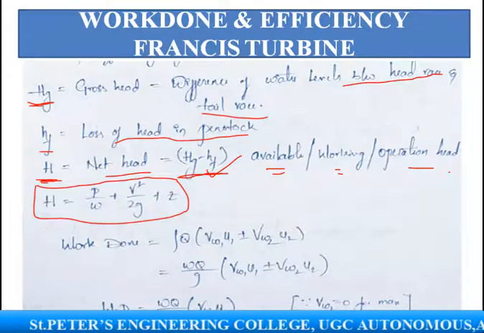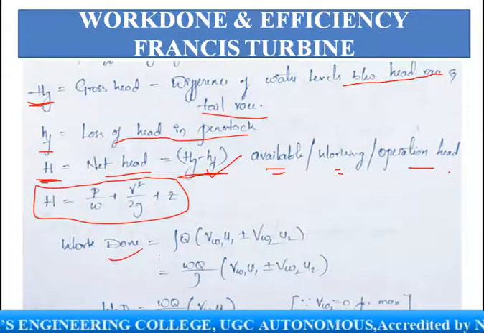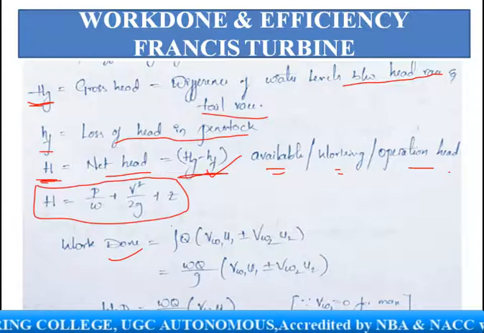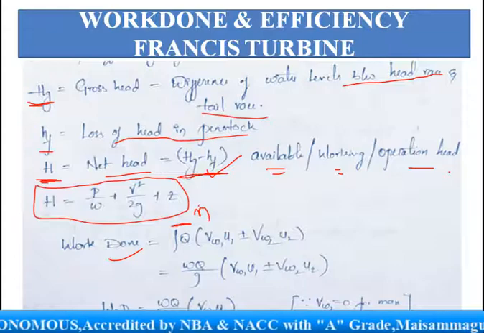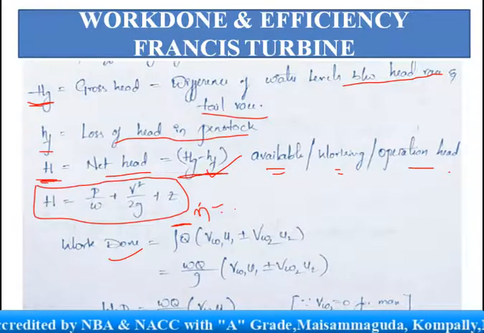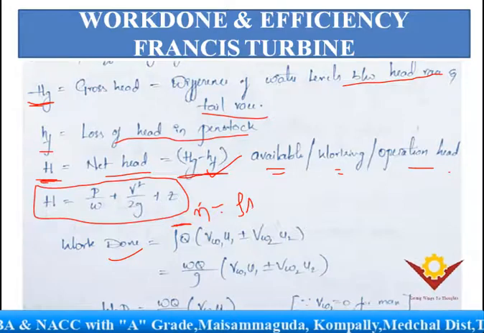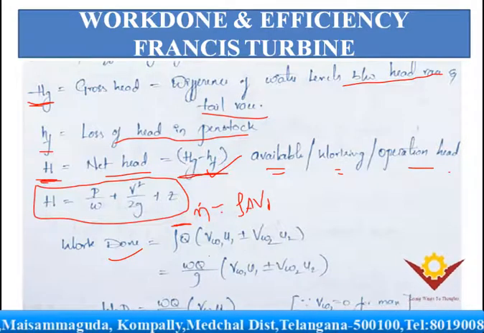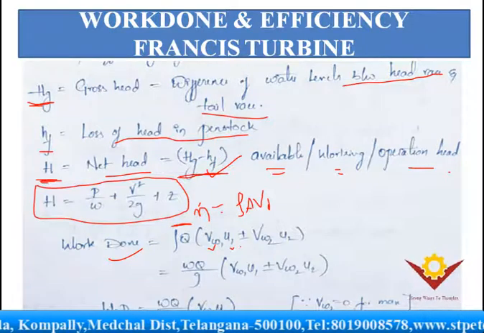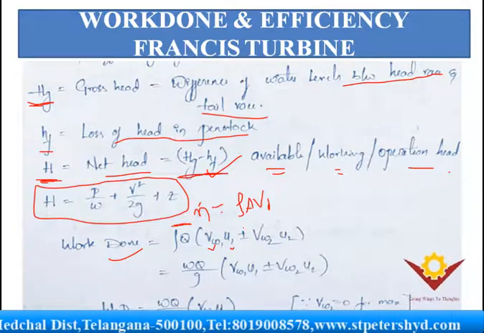Now the work done is rho Q, which is m dot. We can also write it as rho a v1, where v1 is the absolute velocity, times the whirl velocity and blade velocity, plus or minus. You already know about this.